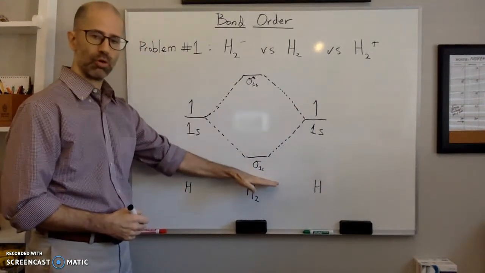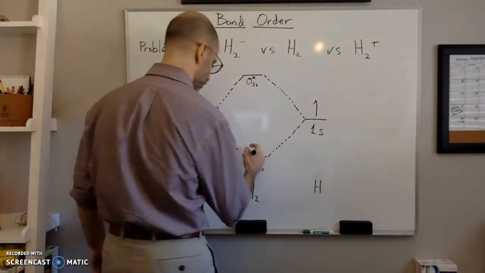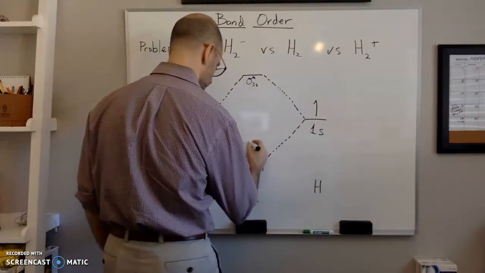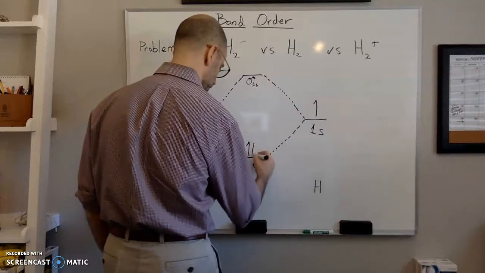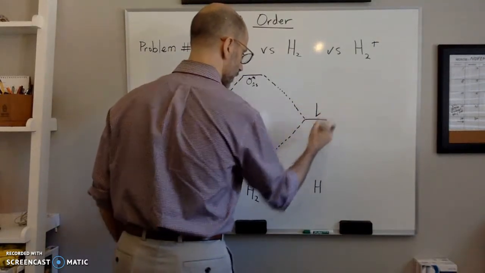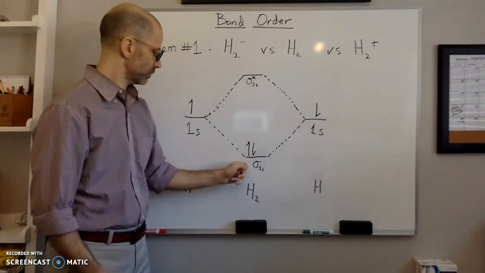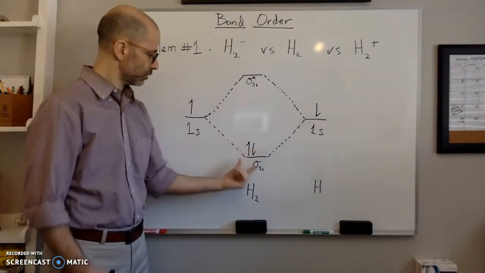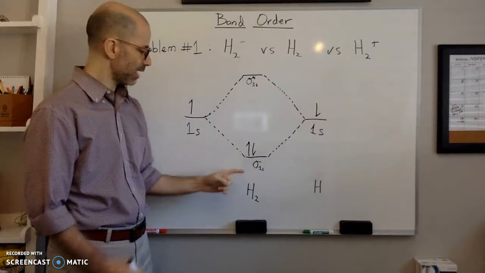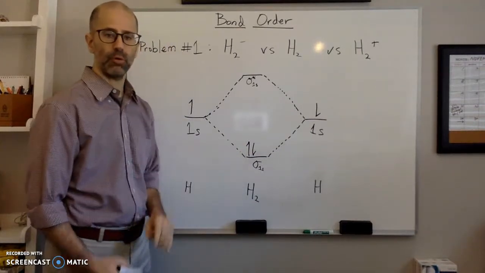Here's our first orbital that gets a maximum of 2 electrons. We're going to put it spin up, spin down. It doesn't matter. So these 2 electrons come together, spin up, spin down, they're paired. That's all we have. So this is the molecular orbital diagram for H2.